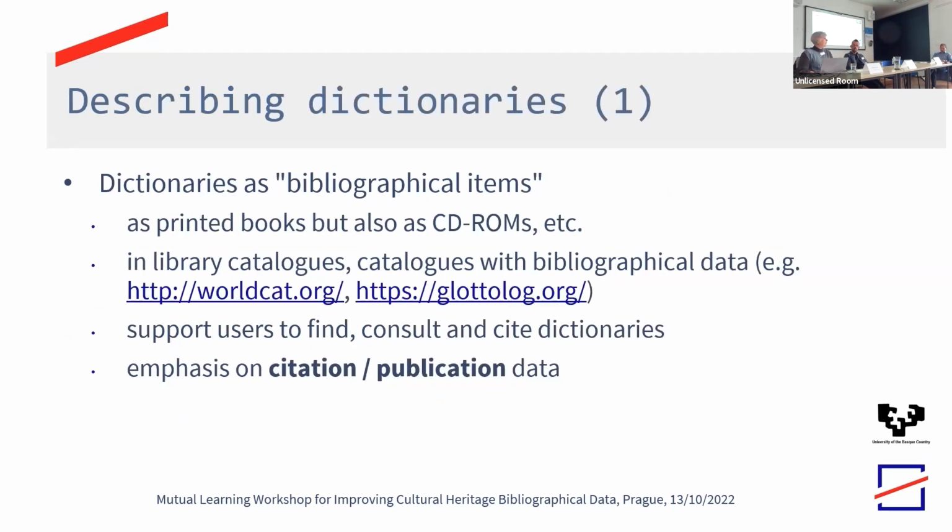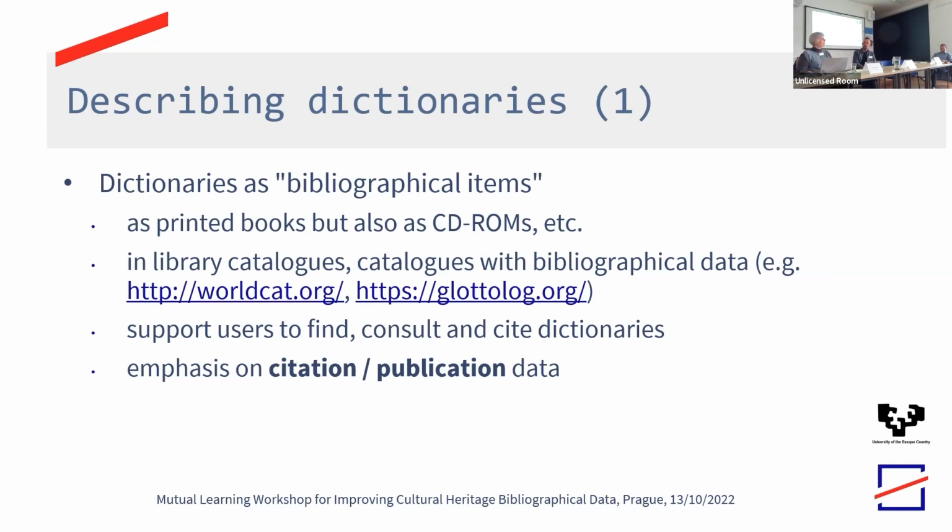So in order to describe them, we had first to look at the catalogs that contain dictionaries. And we saw two trends, two different, not exactly different, but two types of catalogs that have dictionaries in them.